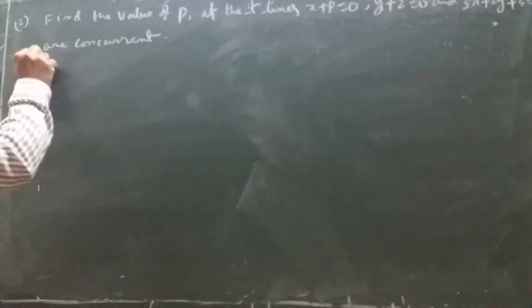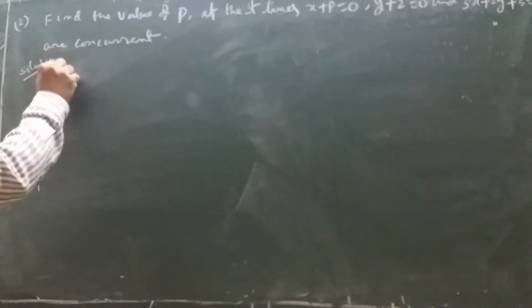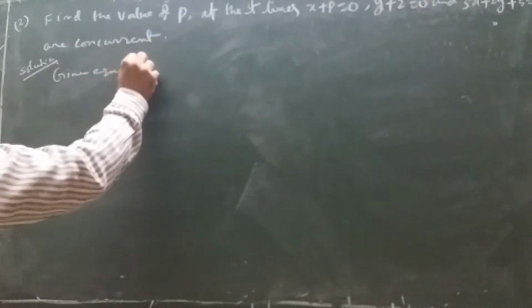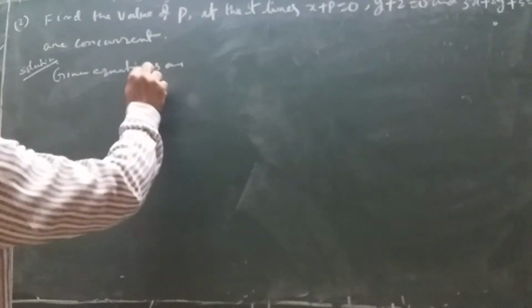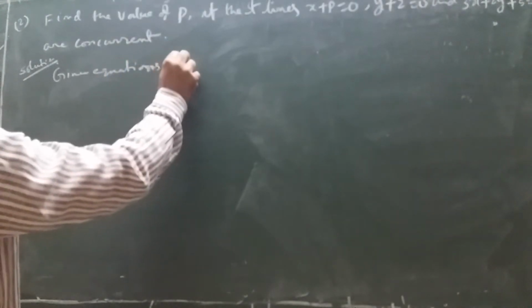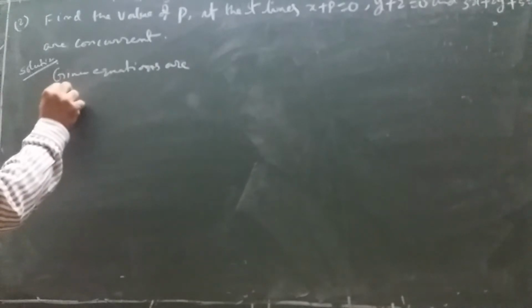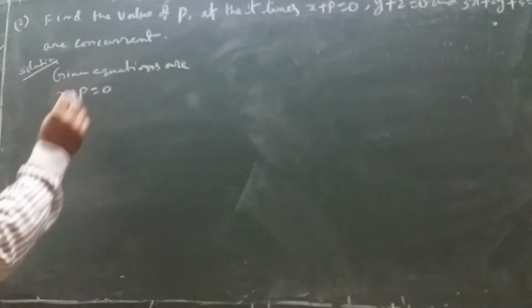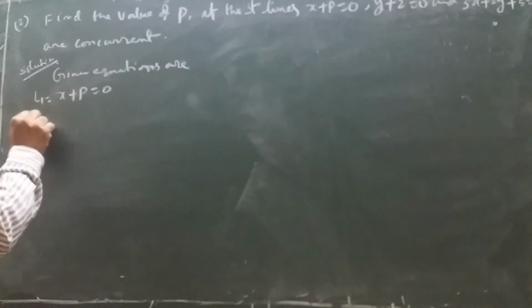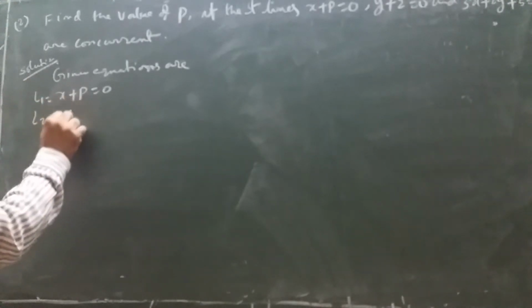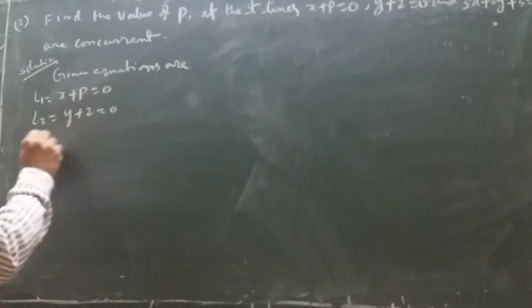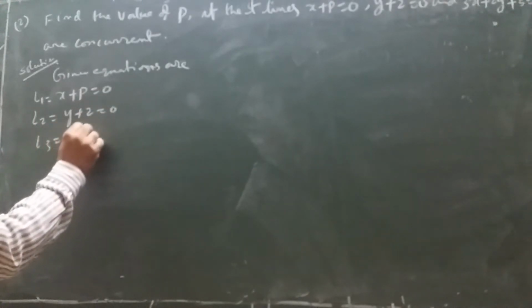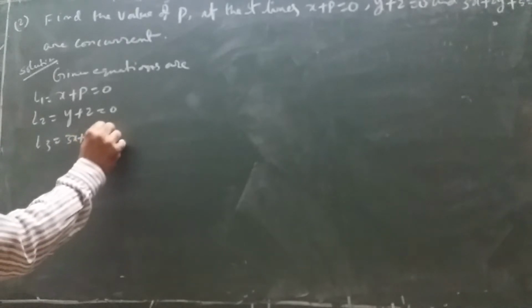Solution. The given equations are: the first one, L1 is x plus p is equal to 0. Second one, L2 is y plus 2 is equal to 0, and L3 is 3x plus 2y plus 5 is equal to 0.